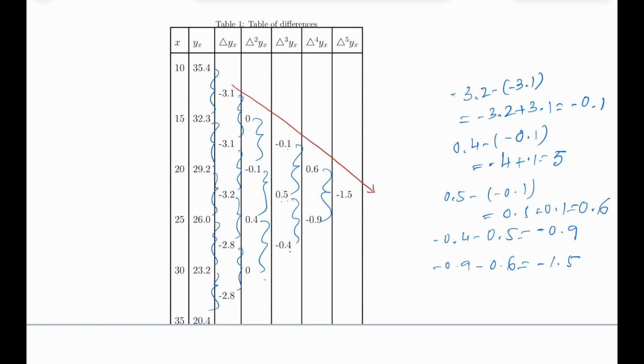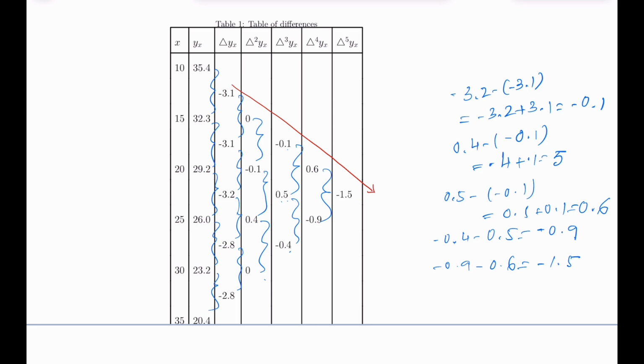These all are written here. Now this is the way in which it varies in the forward direction. There will be no column beyond this because this column has only one value. And for taking the difference, we must have at least two entries here. So this is only one, so there will be no further difference.